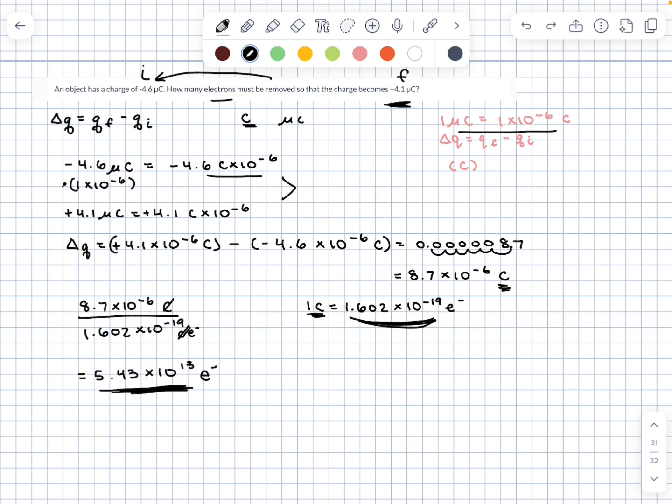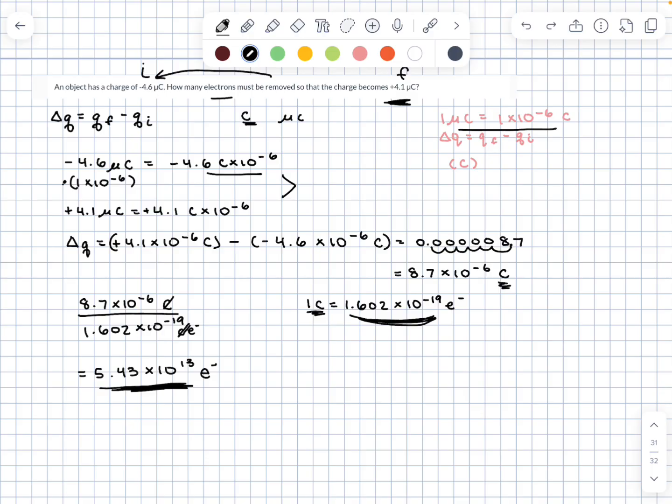To recap one more time, we're first converting these values above to coulombs by multiplying by 1 times 10 to the negative 6, which gets us our new values. These are in coulombs. And then plugging into our delta Q equation, we have our final minus our initial.